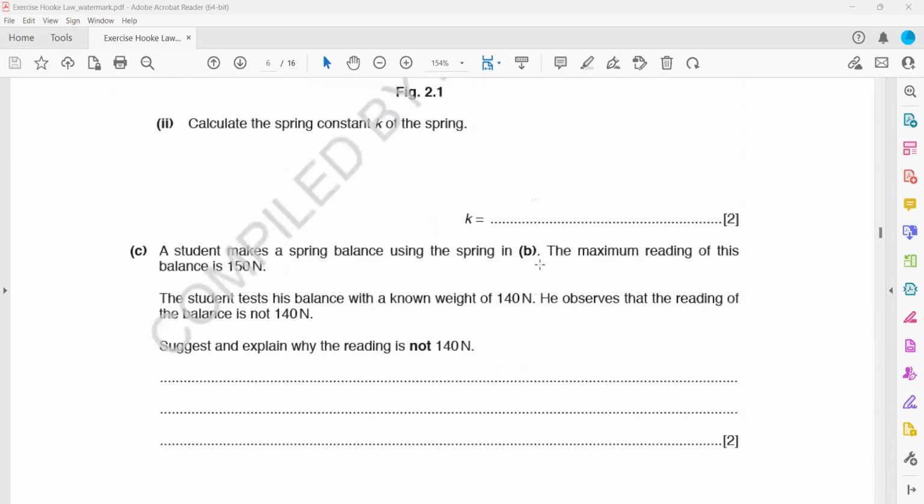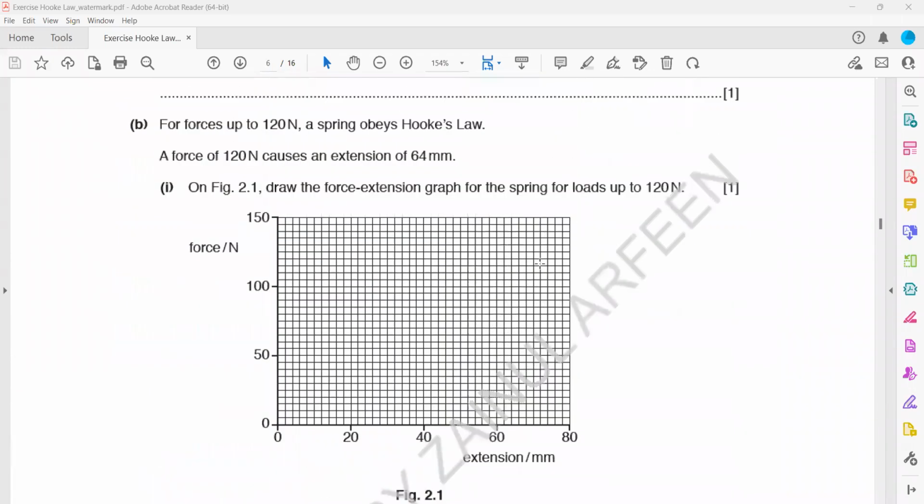And one more point, sometimes we have to complete these types of graphs. It was obeying Hooke's law, then when we add a force and keep increasing it, what will happen to the extension? The graph will be diverted towards the extension axis.